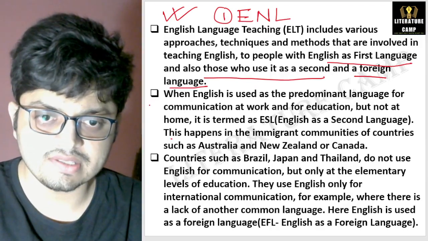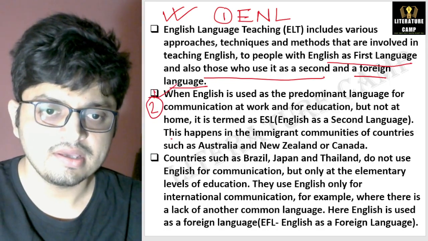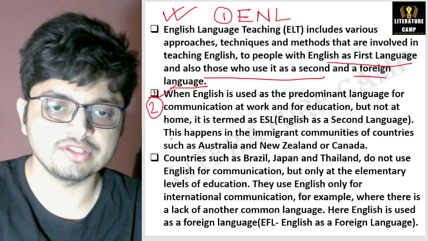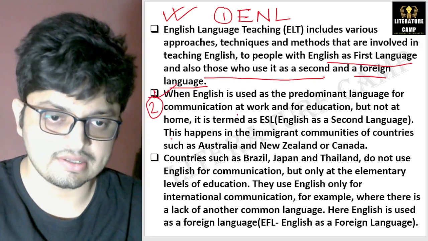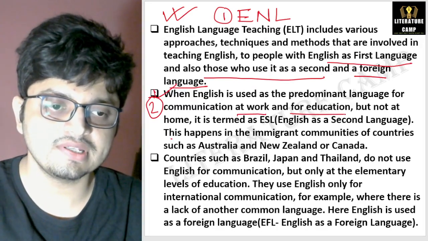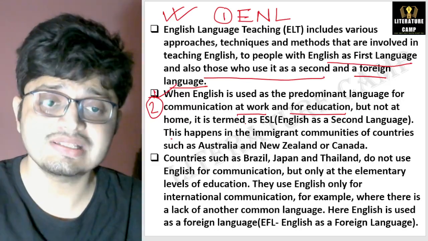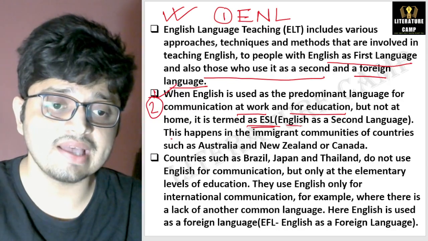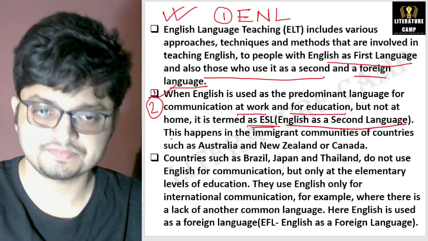The second category is this: when English is used as the predominant language for communication at work and for education, but not at home. It is termed as ESL, English as second language.